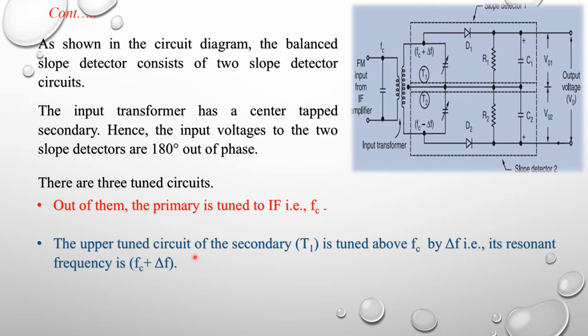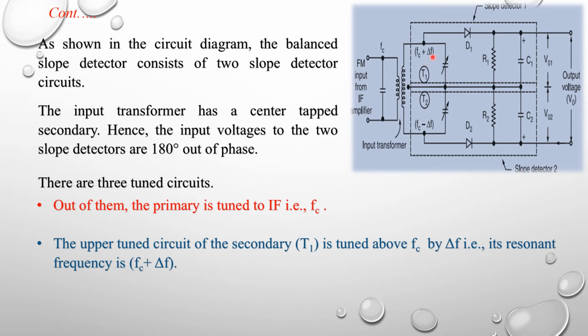The upper tuning circuit of the secondary, T1, is tuned above the carrier frequency by delta F, that is, its resonant frequency is Fc plus delta F. This is the second tuning circuit, designed for the upper values, so the resulting frequency is Fc plus delta F.